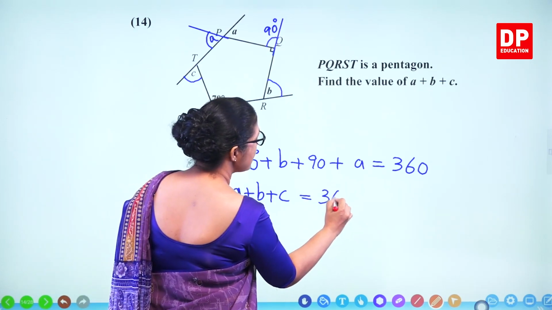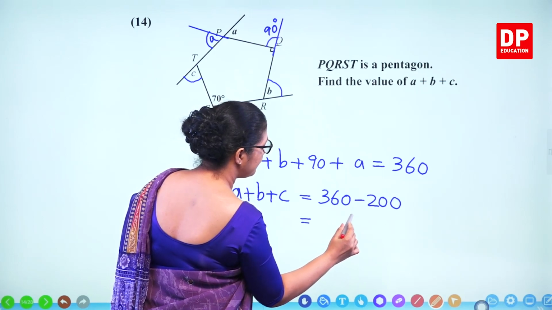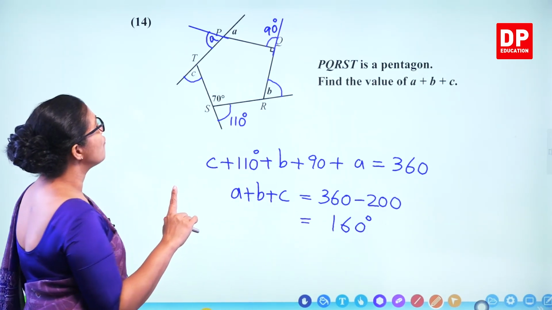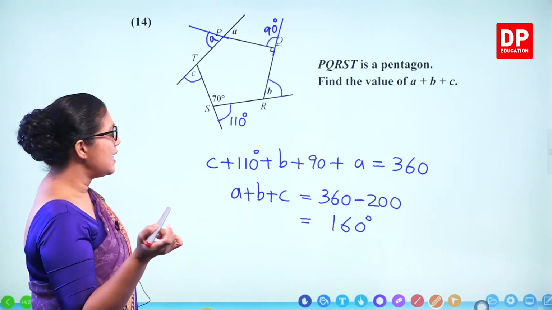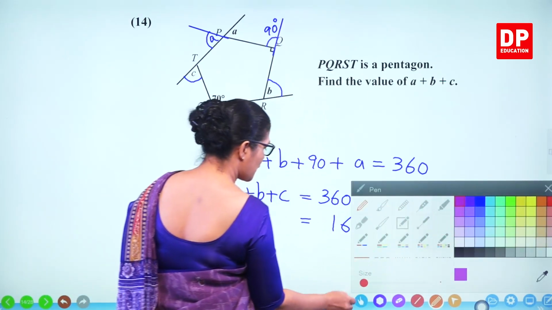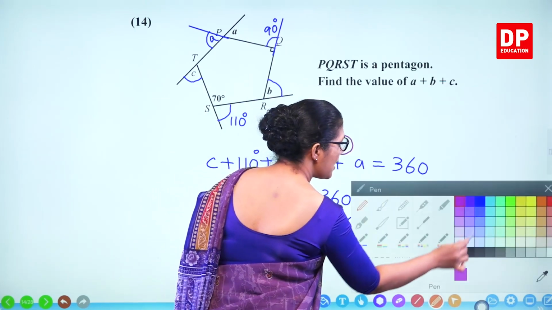So 360 minus 200, you get 160. So the sum of the 3 angles A, B, C is 160 degrees. So 2 marks for that: 1 mark for the answer and 1 mark for the method.